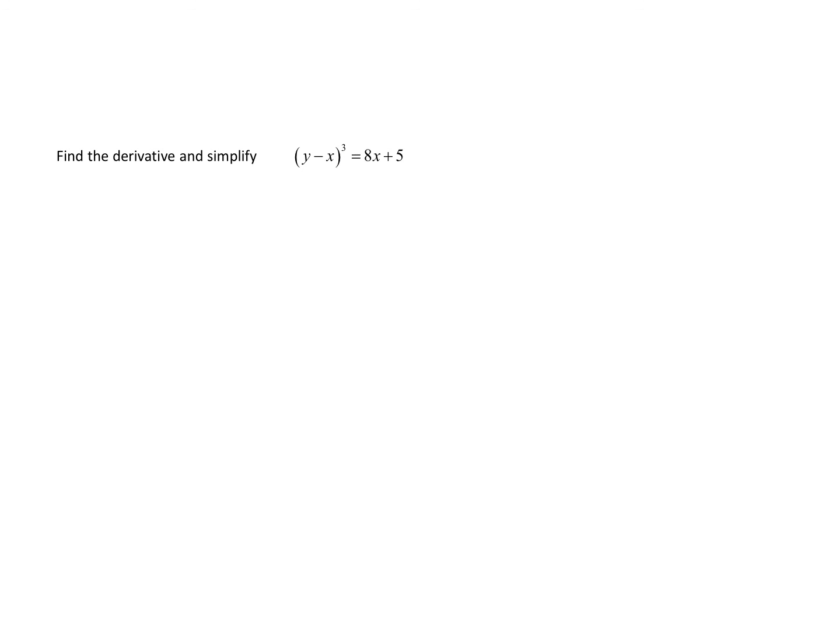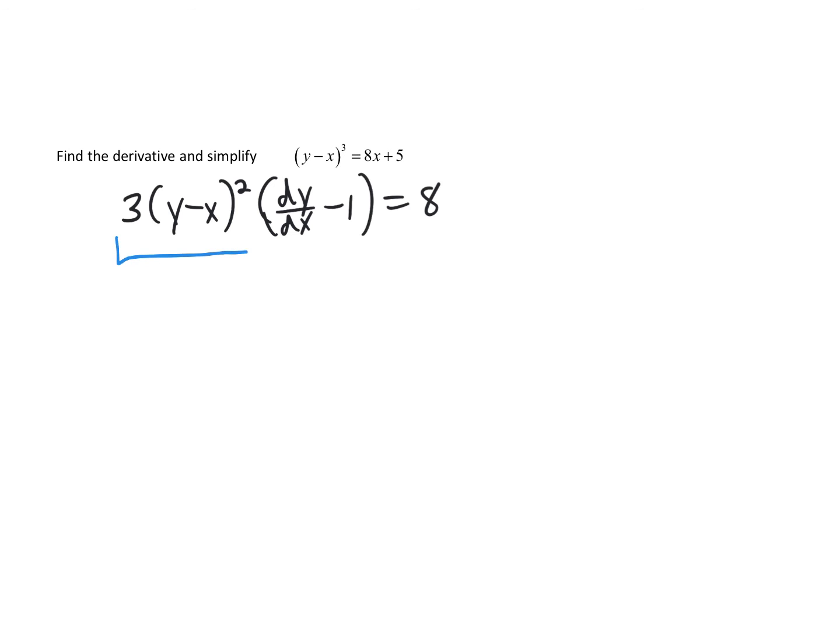Our last example is another implicit differentiation. This time we have to use the chain rule. Now, before we simplify, the easiest way is typically to multiply this out. So I'm going to take this 3y minus x squared and multiply it by the dy dx and multiply it by the negative 1.